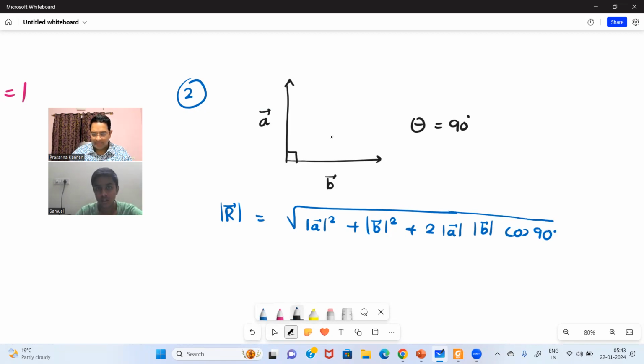What is cos 90? Cos 90 is 0. Yes. So because cos 90 is 0, this entire term vanishes. Correct? Modulus of a squared plus b squared. Yes, that's all.